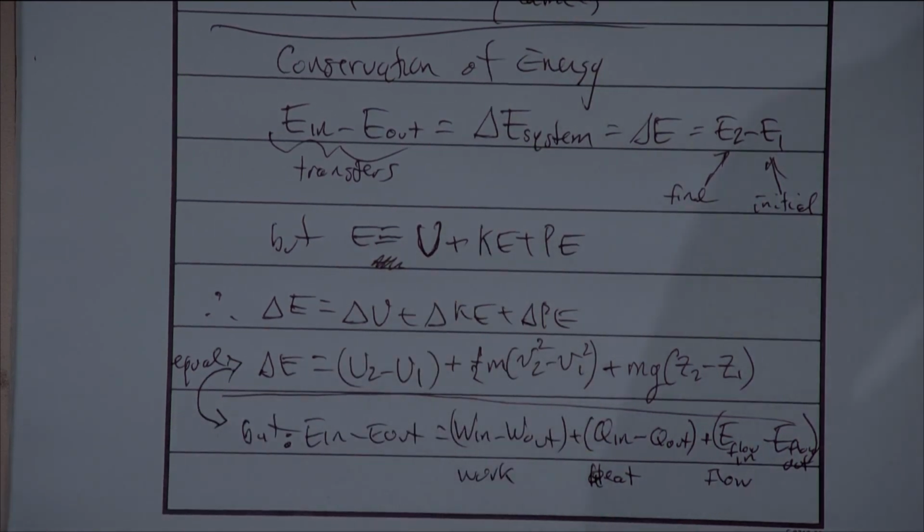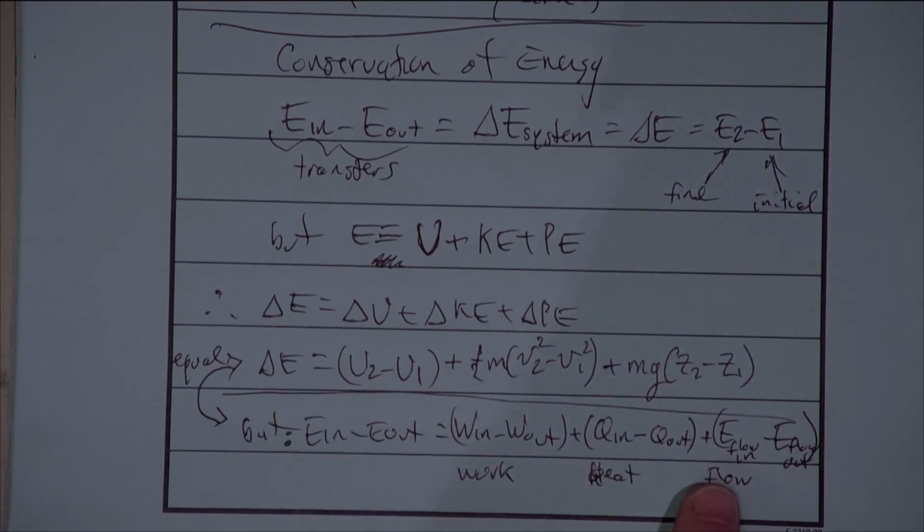Do we think of the energy in terms of the work, the heat, the flow of energy in and out, or do we think of it in terms of the changes to that system with regards to its internal energy or its kinetic or potential energy? I could just write it as one big long equation. I could say that this first equation equals this second equation, but again, that's just understood.